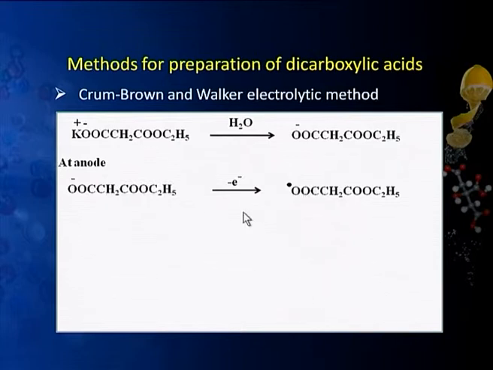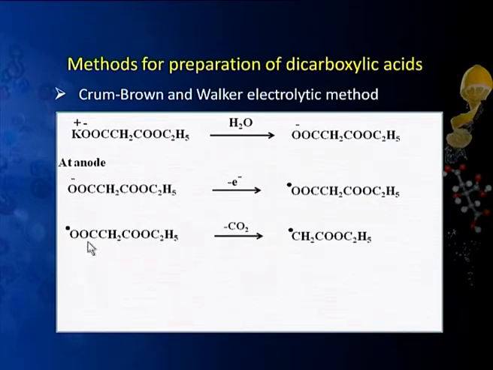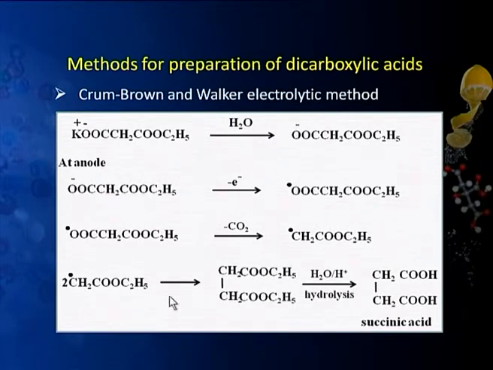Now these radicals very quickly lose a molecule of carbon dioxide and we get this radical. And now these radicals combine with one more radical of this type and we get this type of structure. A bond is formed between the carbons which were free radicals of 2 molecules.